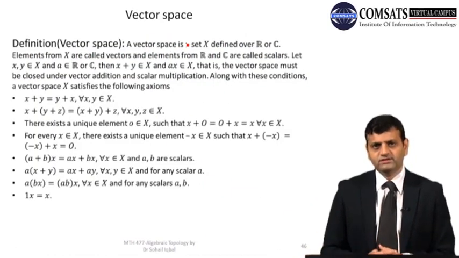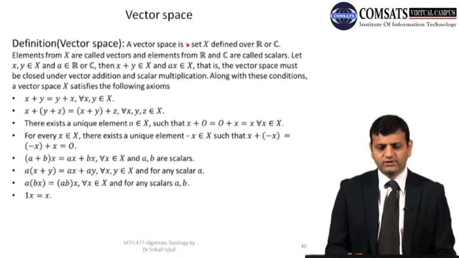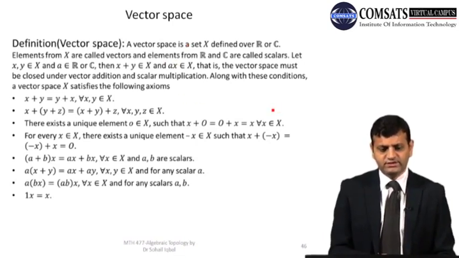So our next concept is vector space. What is a vector space? A vector space is a set X over a field R or C or any other field. It is a vector space if it is an abelian group under addition.